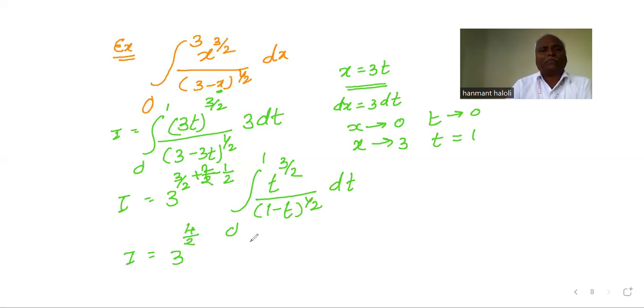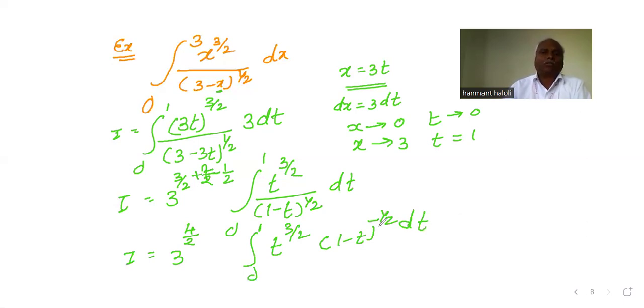I'll write it in standard form: integral 0 to 1, t raised to 3 by 2, and (1 minus t) raised to minus 1 by 2 dt, which equals 3 squared. Then this is the standard beta function.